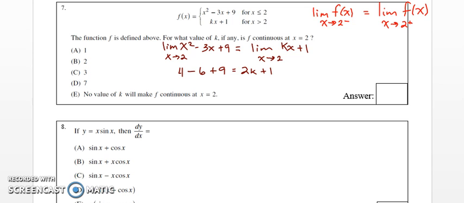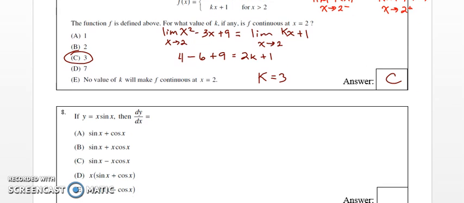By doing some direct substitution, 2 for every x, you get 2 squared, which is 4, minus 3 times 2, which is 6, plus 9, and 2 for x here would produce 2k plus 1. When you do some simple algebra, you will get that k is equal to 3. So that makes C the answer.